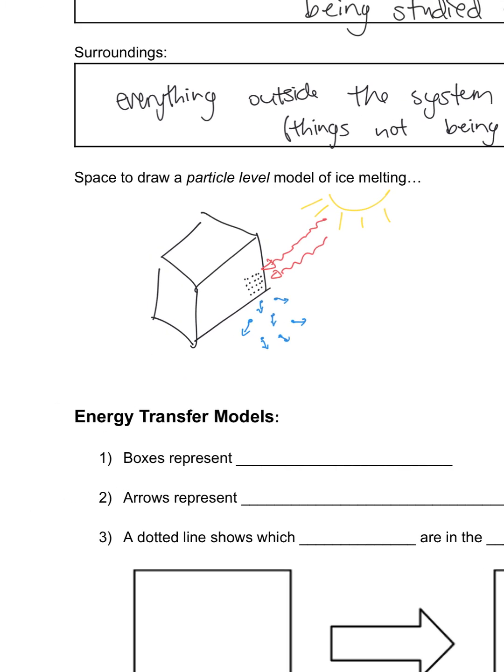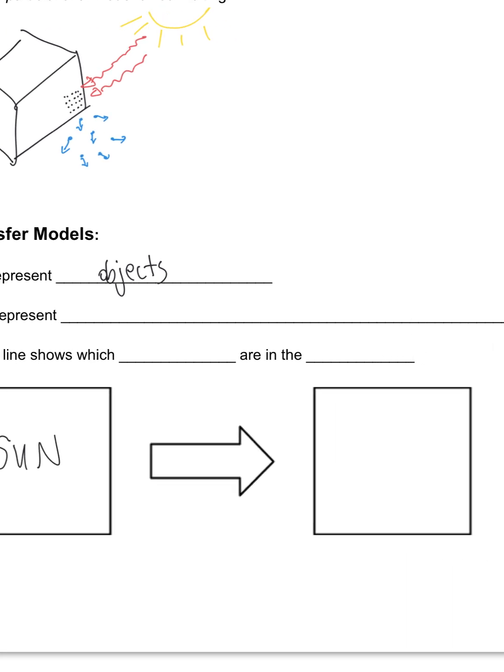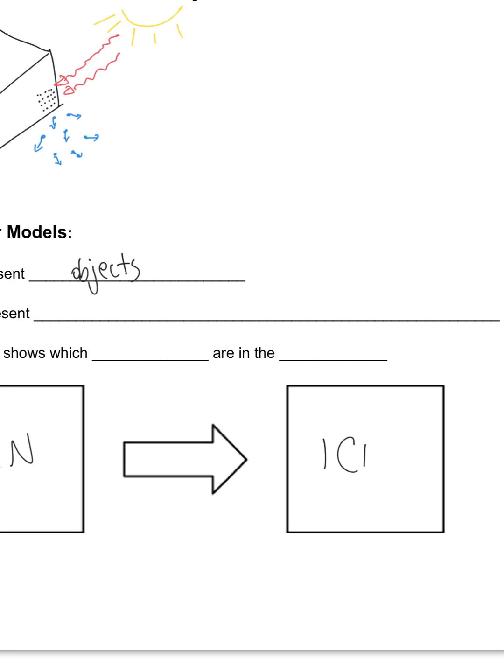When we talk about energy transfer models, this is just a way to show really quickly what exactly is happening when we talk about the energy being transferred. So the boxes in our energy transfer models represent objects. So we're gonna have the sun as an object, and then my other object is the ice, okay?